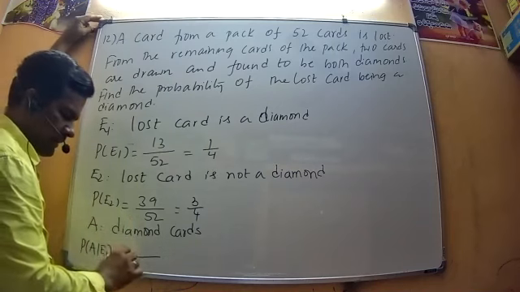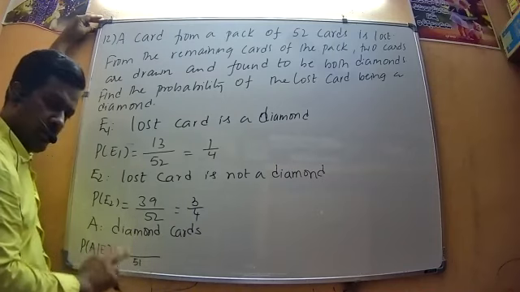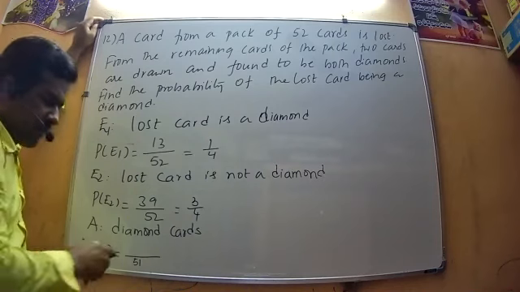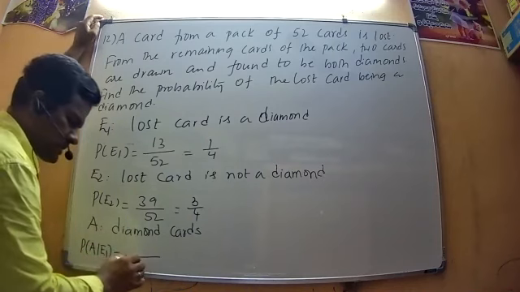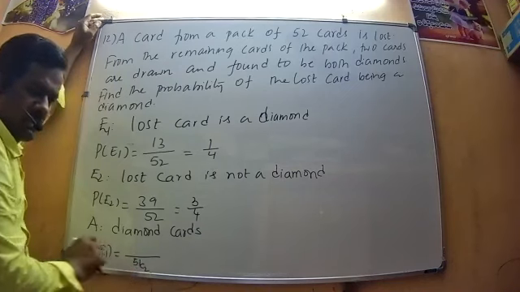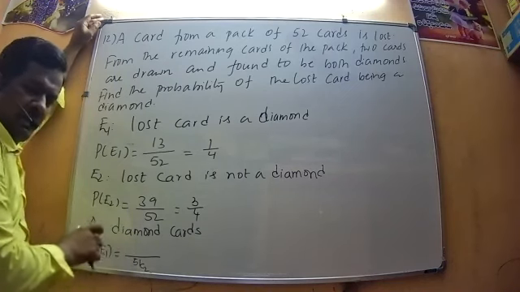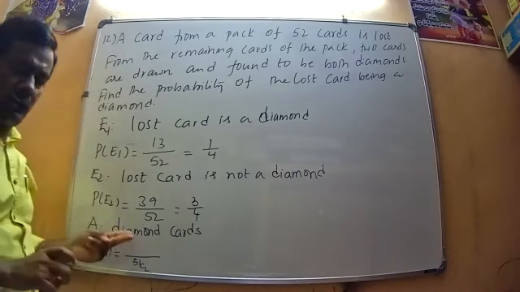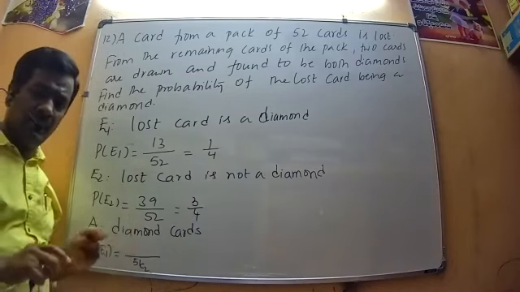So, the denominator will be: you are trying to draw two cards from 51. You are trying to select, and it is more convenient to write using combinations. So, the denominator will be 51C2. Coming to the numerator, you are trying to draw two cards from diamonds.